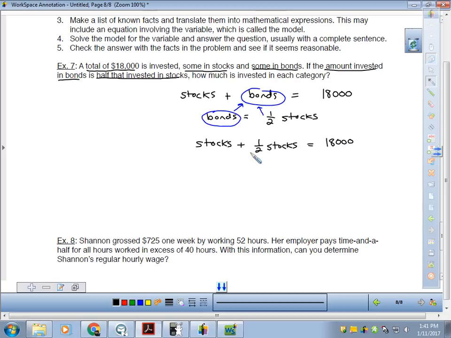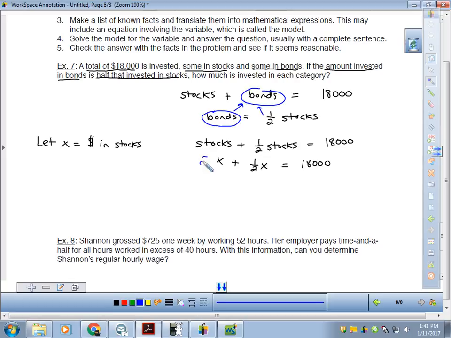Now, it's at this point that we'd want to pick a variable. So I'm going to come over here and I'm just going to say, let's let X equal the money in, wow, sorry, my board went crazy again. The money in the stocks. So that means what I really have is X plus 1/2 X equals 18,000. Now, since there's a fraction in there, I'm going to get rid of it.